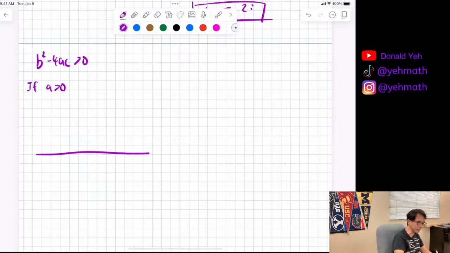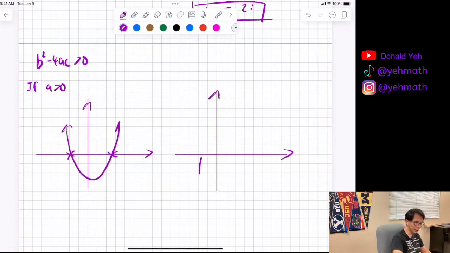So a is greater than 0, more likely you have a solution like this. Or you can have it like this because a is facing down. So even if the discriminant is positive, you can have those two situations.